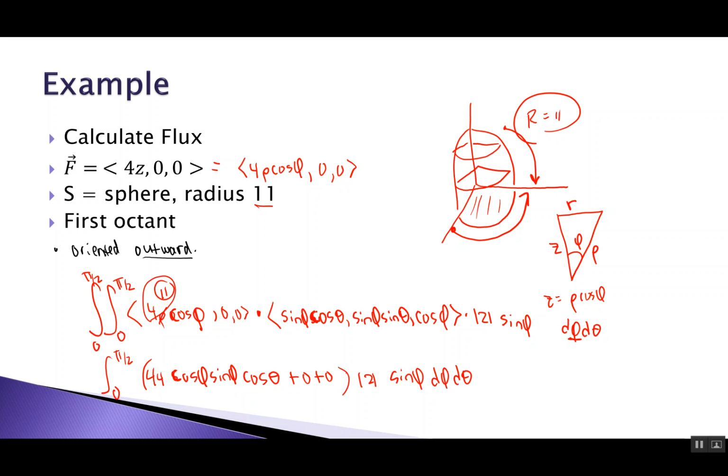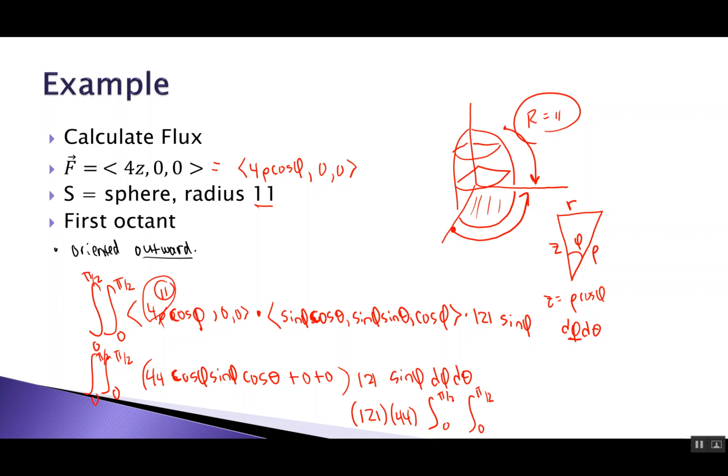So I'll pull those constants out. 121 times 44, whatever the heck that is. Need another integral there. 0 to pi over 2, 0 to pi over 2.